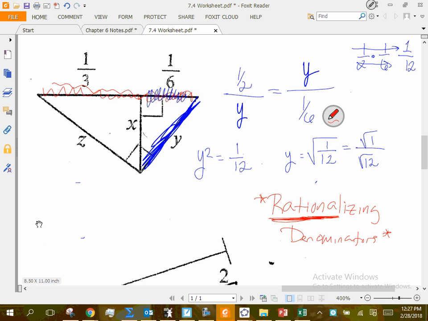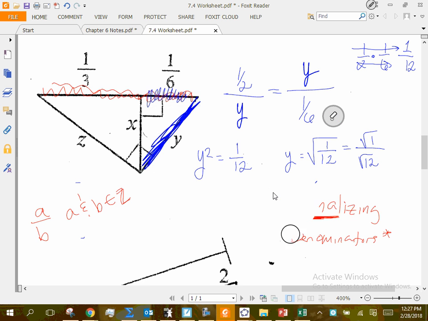A rational number is anything that can be written as A over B, where A and B are integers. We use that letter Z to represent the set of integers. So that's what we're going to try to do here. We're trying to get this to be a rational number, not an irrational number.